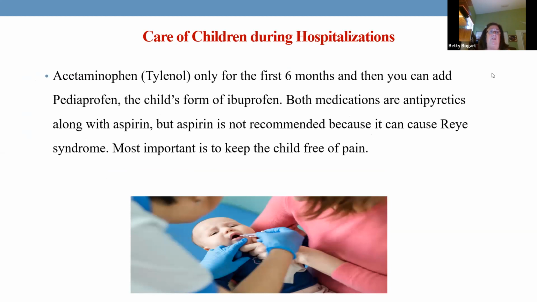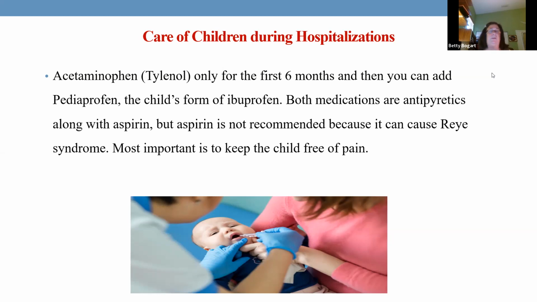Now, Tylenol, acetaminophen, is the only thing we use for pain or fever on infants up to the first 6 months. After 6 months, we will order ibuprofen, Pediaprofen, Motrin, Advil, whatever you want to call it. Then we can add it and alternate Tylenol and ibuprofen for fever or pain.